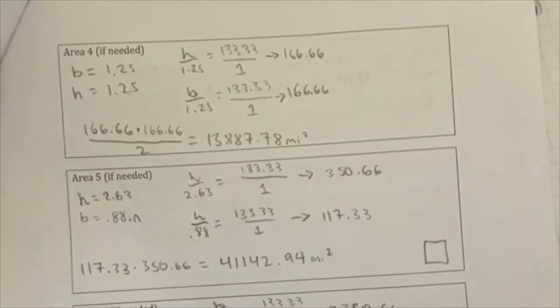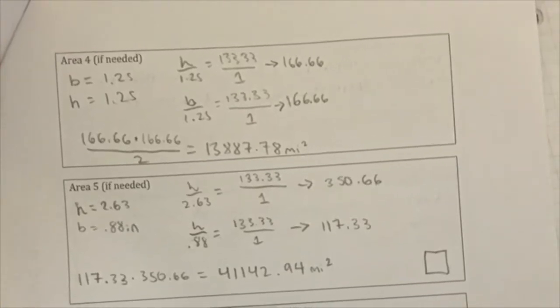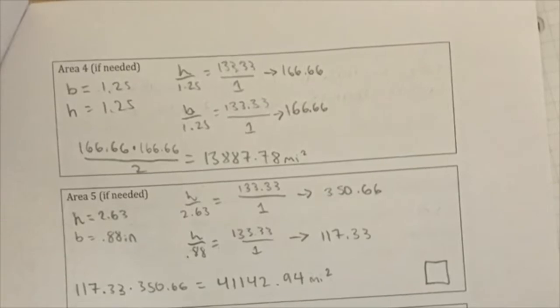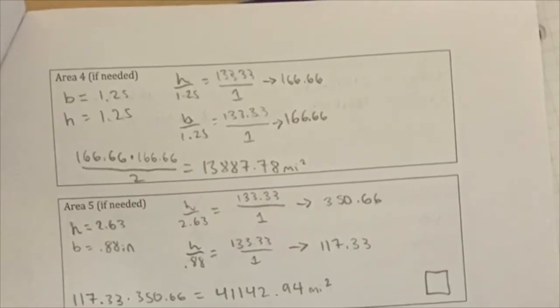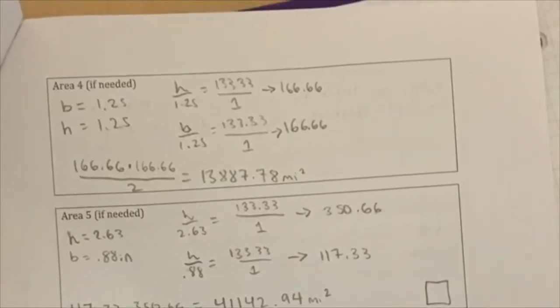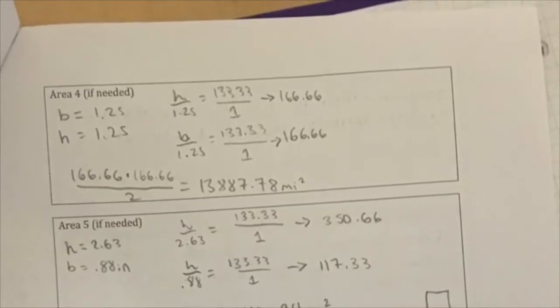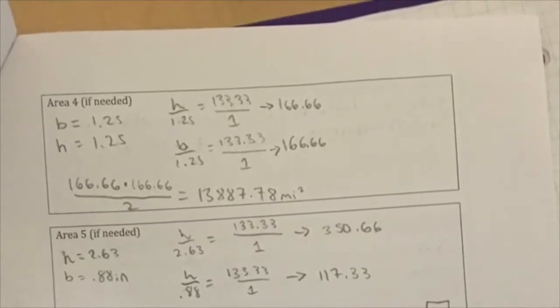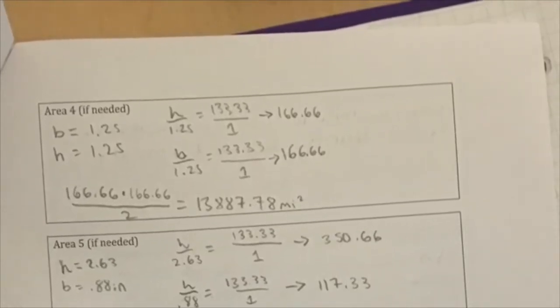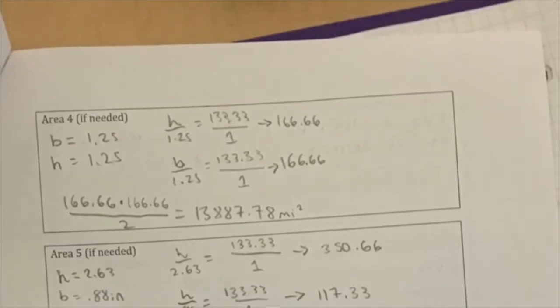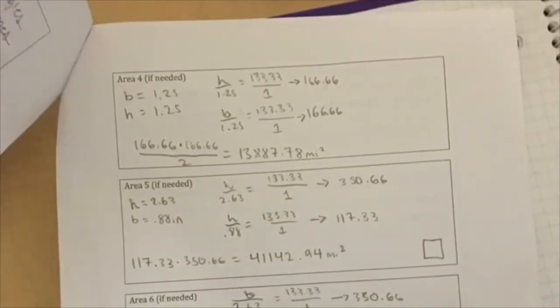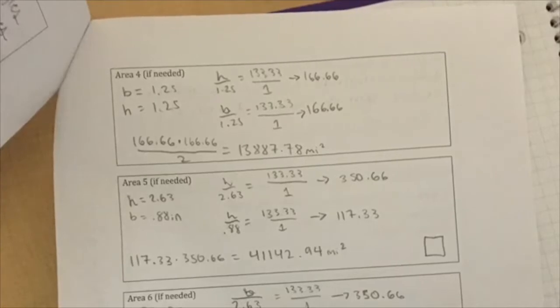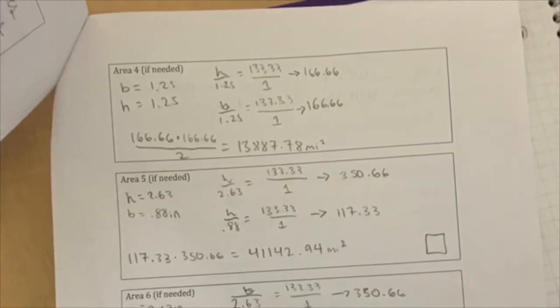To find the area, you multiply 166.66 miles times 166.66 miles divided by 2 because they are triangles, and you get your answer of 13,887.78 miles squared.